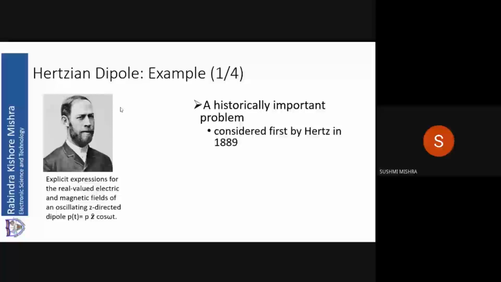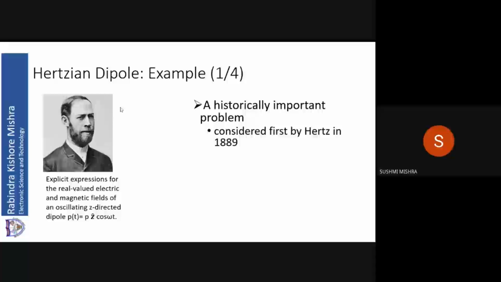Therefore, we see today Maxwell's equations in compact form as 4 equations. That was his contribution. Once he was confirmed that electromagnetic waves exist, he tried to find it out theoretically. So this problem was first considered by Heinrich Hertz in one of his papers in 1889.